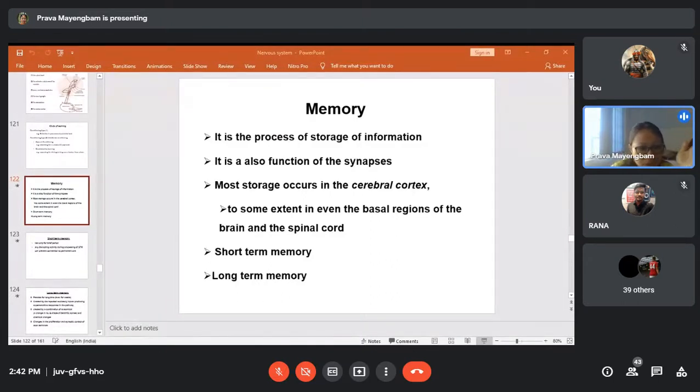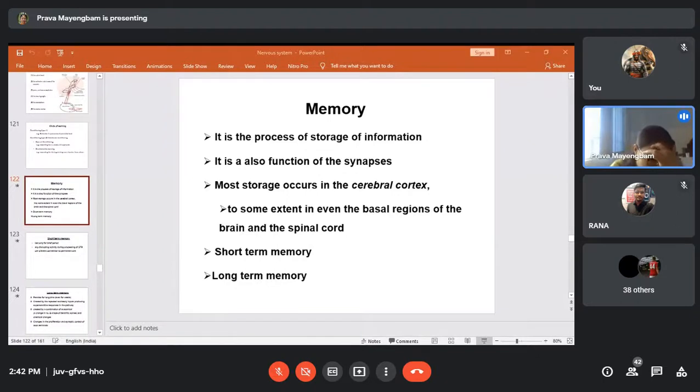Most of the storage of memory occurs in the cerebral cortex, and to some extent in the basal regions of the brain and the spinal cord. Mostly the center for storage of memory is the cerebral cortex, and a very small amount of memory is also stored in the basal regions of the brain and spinal cord.